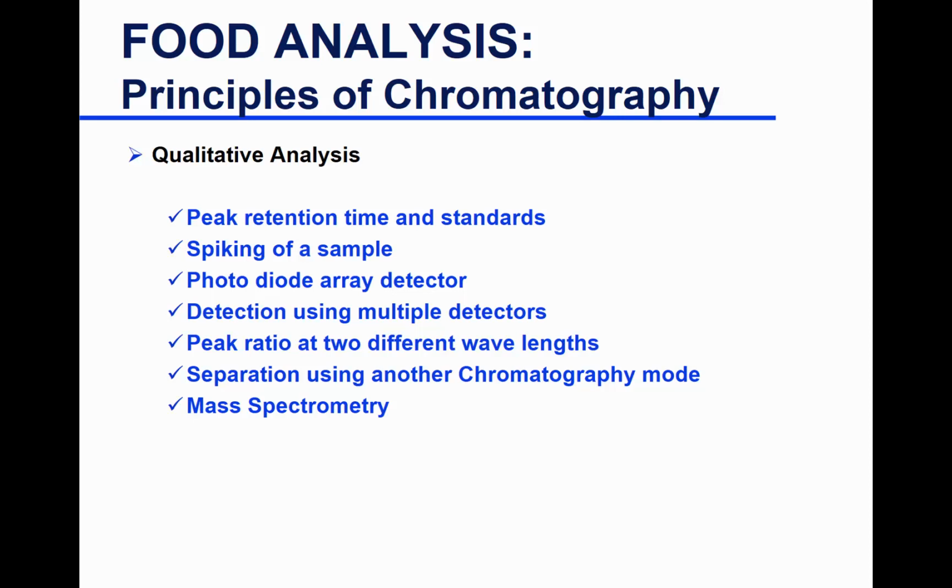Sometimes in your sample, you have different compounds with different signals or detection methods. So you can use a UV coupled with a light scattering detector, for example. And I'll talk about the light scattering detector when I talk about detectors of HPLC.